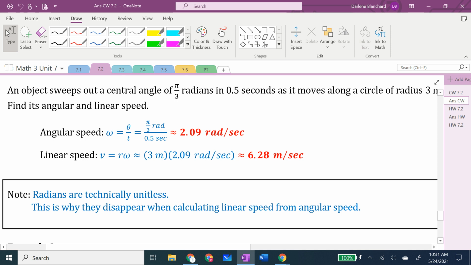All you need to understand is that when we write angular speed, we need to express whether we're working with radians or degrees, because that will give us a different number.